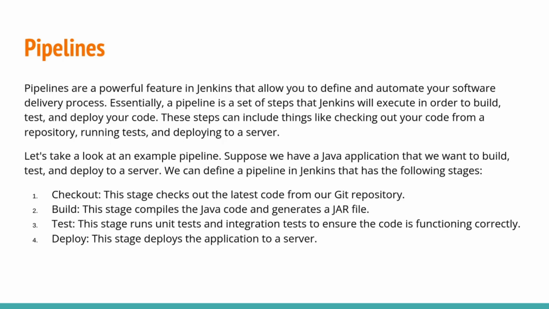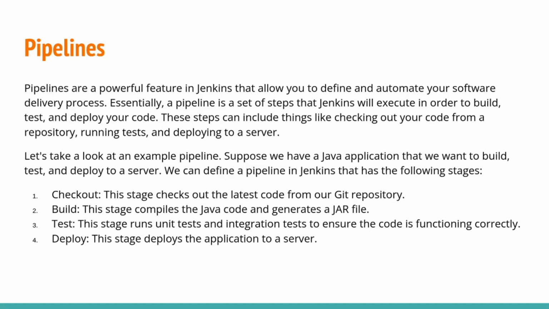These steps can include things like checking out your code from, for example, Git, GitHub, GitLab, running tests, deploying to a server, and so on. Let's take a look at an example pipeline. Suppose we have, for example, a Java or React application that we want to build, test, and deploy to a server. We can define a pipeline in Jenkins that has the following stages.